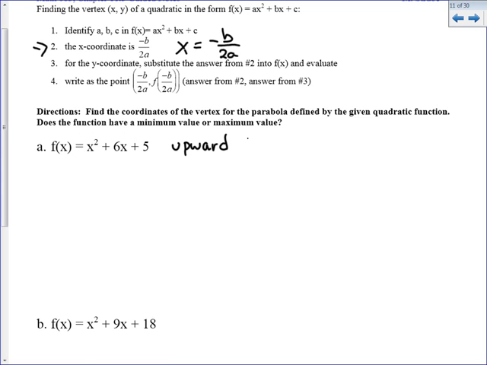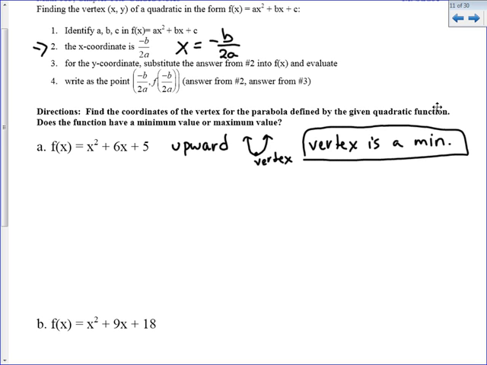So that means that in our minds, the general picture is something like that. It's our U. Upward is the U. So does this graph have a maximum value or a minimum value? Minimum. Right down here, the vertex is at the bottom. So I'm just going to say the vertex is a minimum. So that's part of the answer. Part of the question is maximum or minimum. In this case, it's a minimum just because it opens upward.